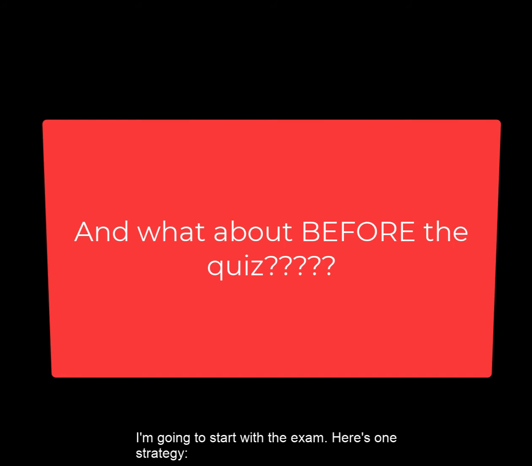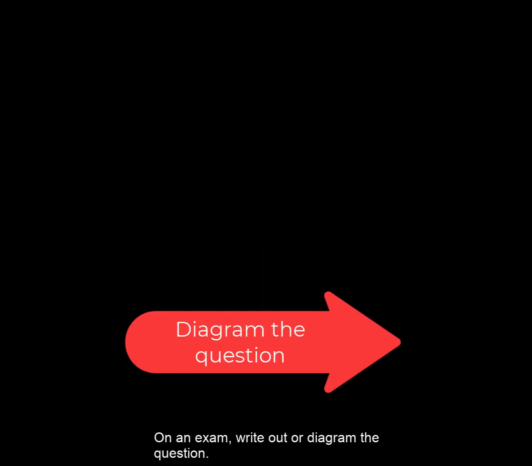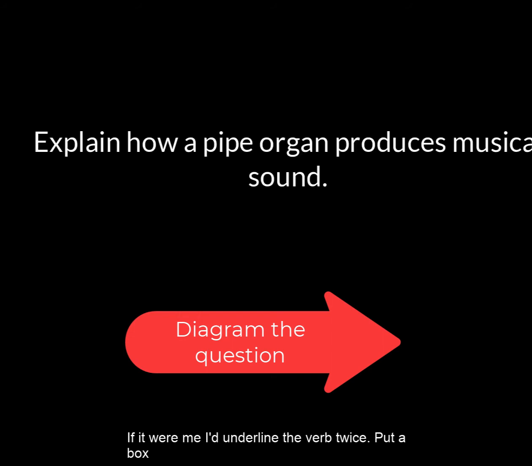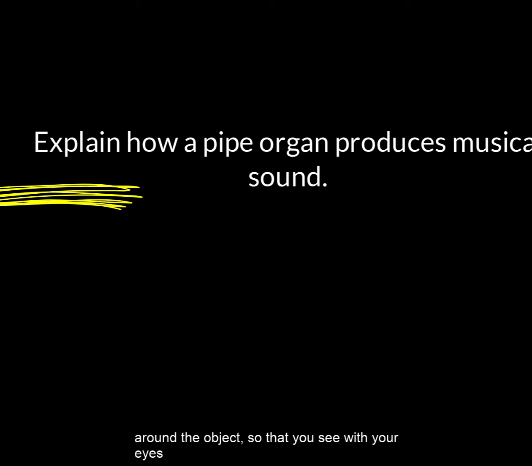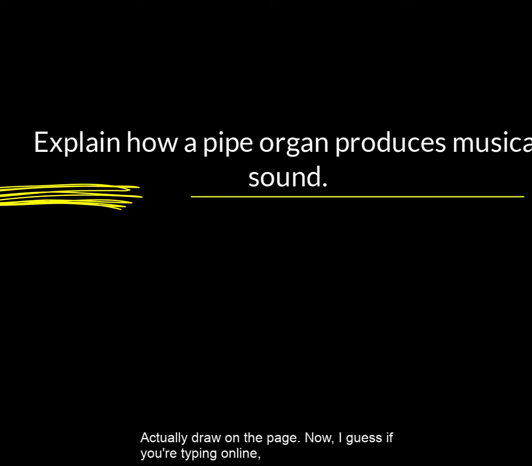Here's one strategy. On an exam, write out or diagram the question. That is, circle the verb, or actually, if it were me, I'd underline the verb twice. Put a box around the object so that you see with your eyes in a really visual way what is supposed to be answered. So actually draw on the page.